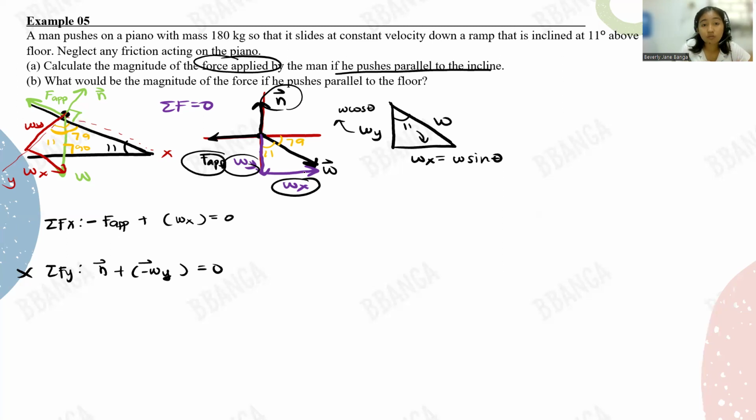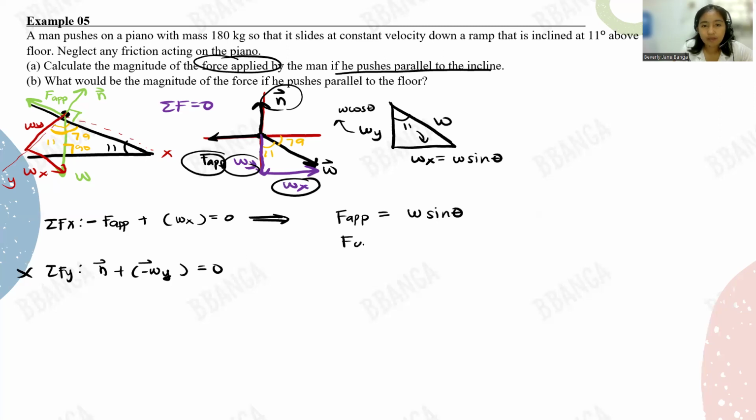Pwede pa rin naman yung method 2, no? So, measure from positive x-axis, pwede pa rin naman. Pero, mas madali yung method 1 kasi naka-triangle naman na. Makikita na natin agad, no? So, anyway, balik tayo. So, ito magiging F applied is equal to W sine theta.